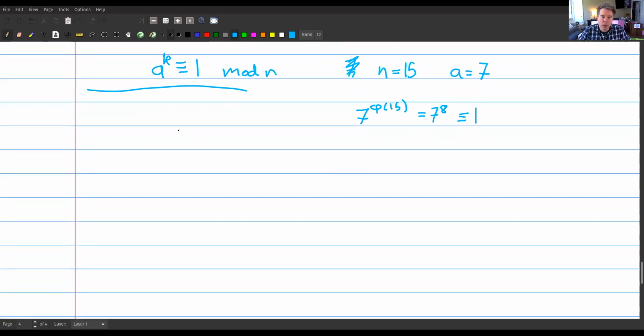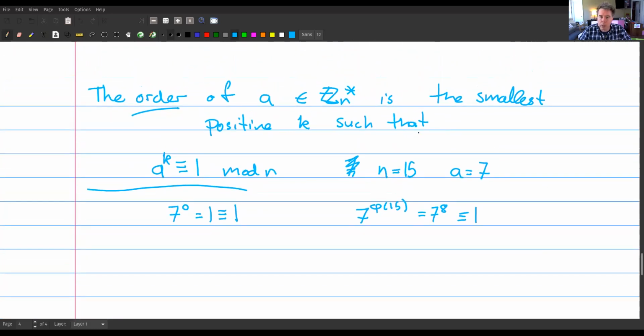But if you start computing the powers of 7 mod 15: 7 to the 0th power is 1, but 0 is not positive, so it has to be positive.